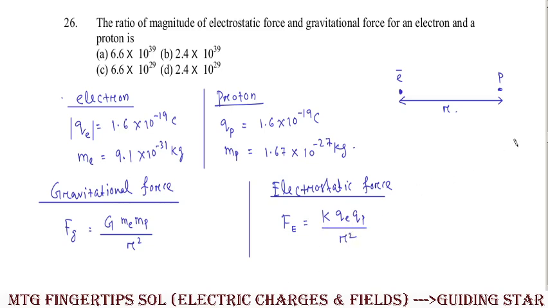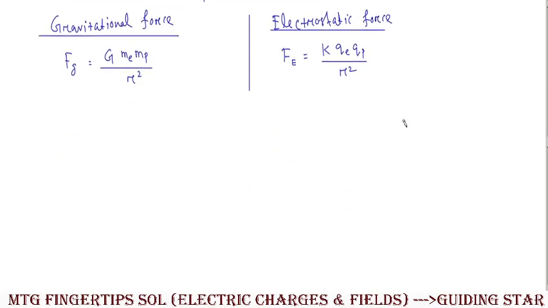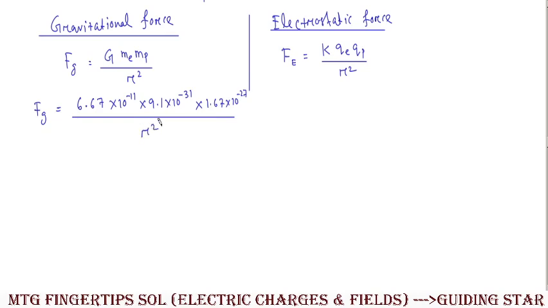So if we do the individual calculations over here, the gravitational force comes out to be how much? The value of G is 6.67 into 10 to the power minus 11. Mass of electron is 9.1 into 10 to the power minus 31, into mass of proton, which is 1.67 into 10 to the power minus 27, all divided by r square.